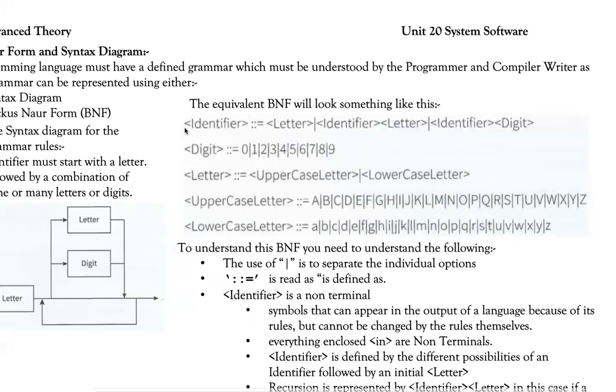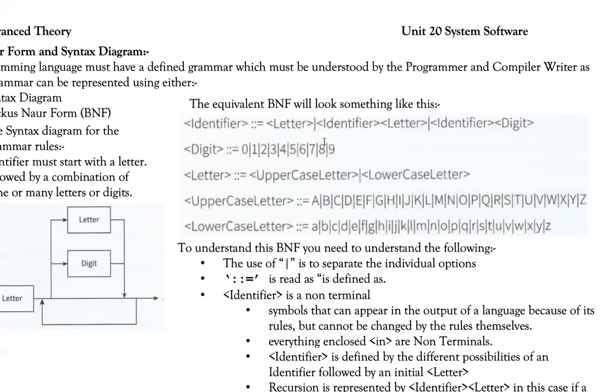So according to this, identifier is a non-terminal, agreed, because we're defining it right now. And this symbol right here is to be read as "defined as." So identifier is defined as what? An identifier can be defined as either a letter, or an identifier followed by letters, or an identifier followed by digits.